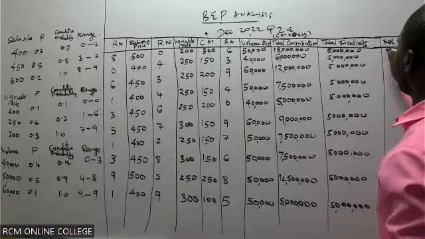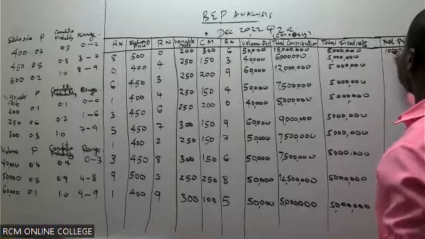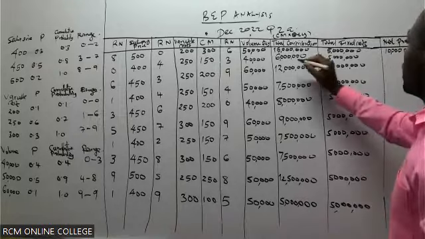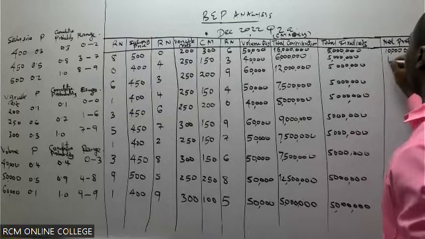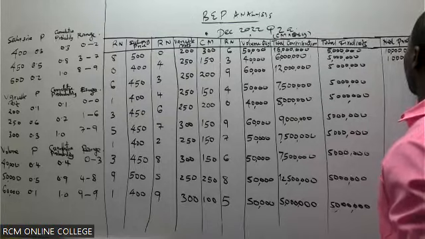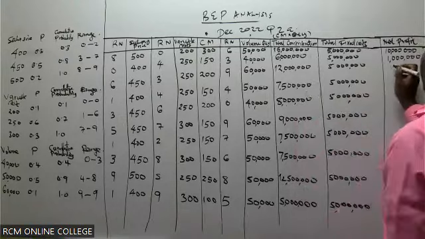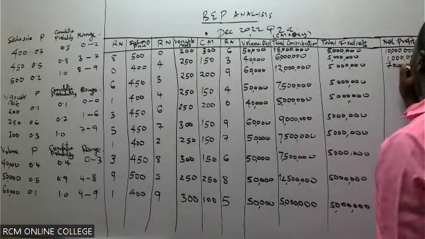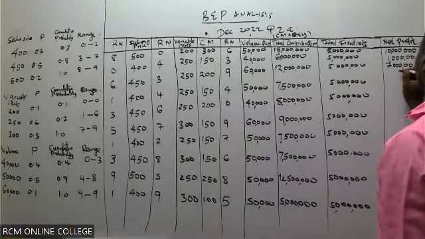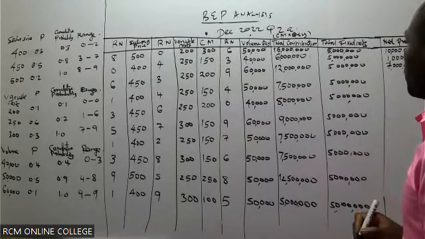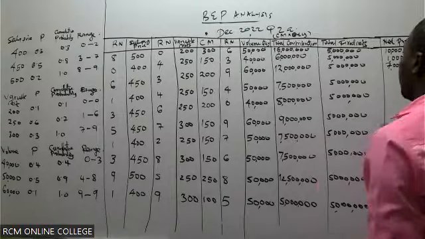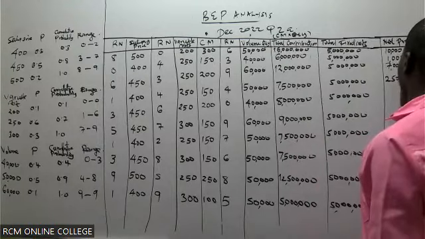So I'm having 10 million. Here I'm having 1 million. Yes. Here I'm having 7 million. Here I'm having 2,500,000.